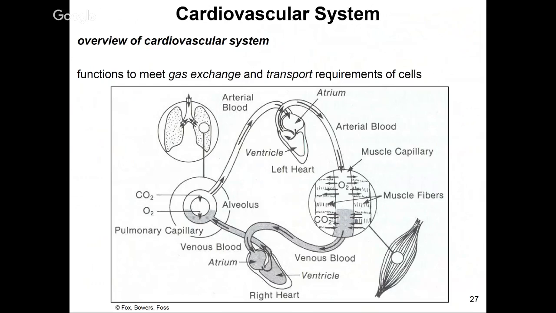There's a lot more involved in the process, but we're focused on the muscle part here. So finally, we get blood to our muscles that has nice, rich oxygen in it, and our muscles eat that up basically, and then they dump their CO2, and then the whole cycle repeats.